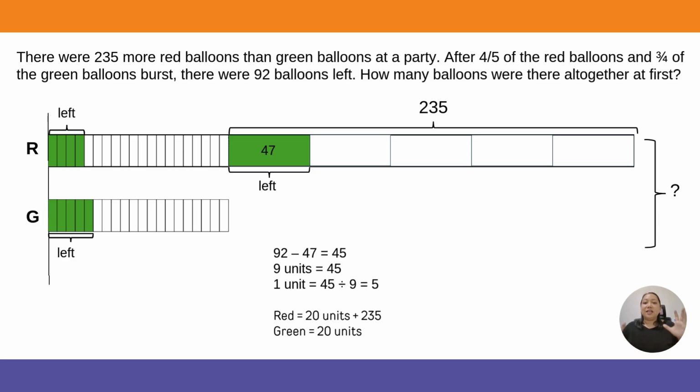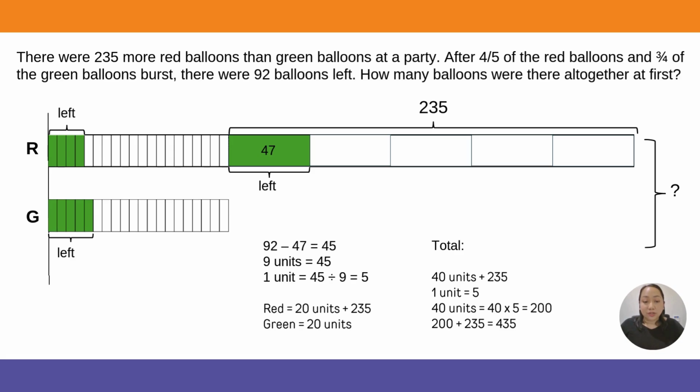So let's take a look at the whole model. Red comprises of 20 units plus 235, and the green bar is comprised of 20 small units. This means that the total will be 40 units plus the 235.